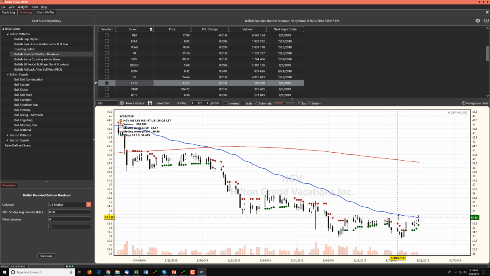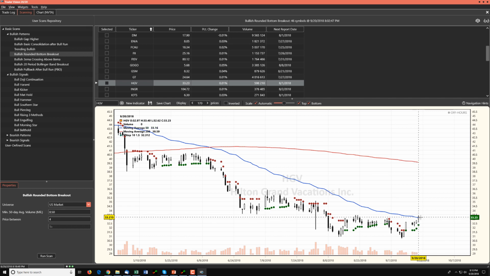So I'm looking at a 33.85 entry, which is right here, right about there. So I'm getting a little follow through there, with a stop of about 32.50, which is right in this area here.